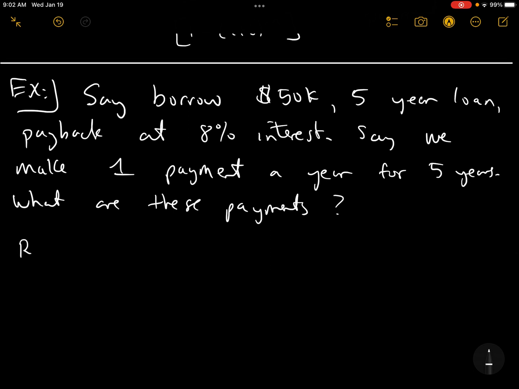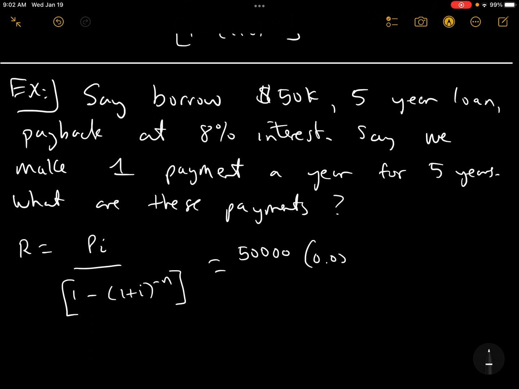Okay, so we run our formula. Plug in the numbers. So the principal of our loan is $50,000. The I, which is the interest rate, is 8% or 0.08 in decimal form. Now we have 1 minus (1 plus I), where I is R over N, but N is 1.